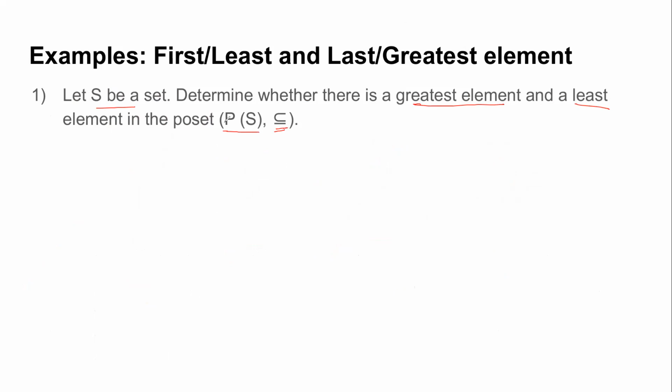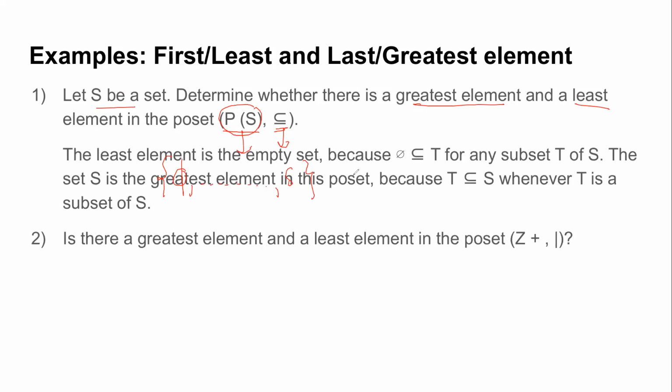Excellent. The power set of a set consists of the empty set and all the combinations of the elements of set S and the set itself. So the greatest element is of course the set S itself, and the smallest is the empty set. Very good. What about this next question?